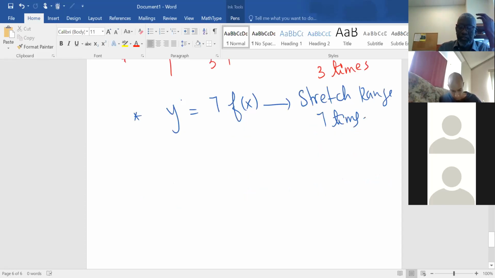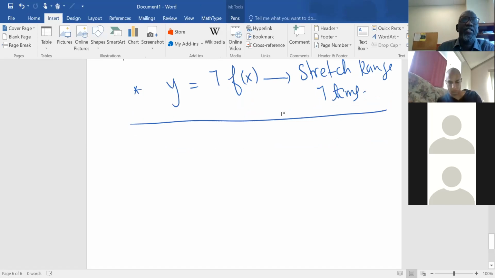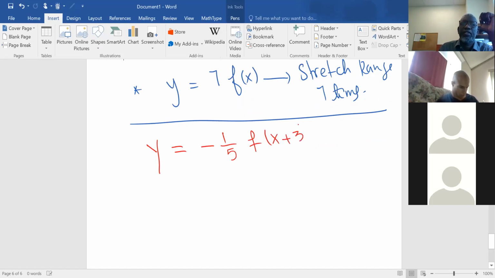All right, thank you. Now, what do you think? If I say y equals, list all the transformations. I'm not asking you to graph them, just to list them. If you have y equals negative 1/5 f of x plus 3 minus 6, what are all the transformations you think?